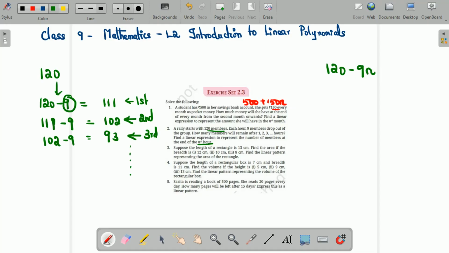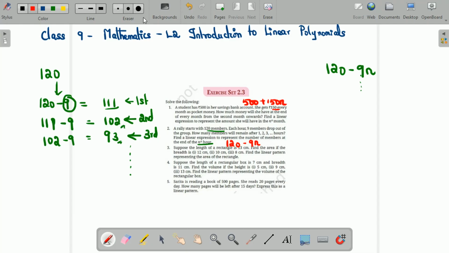When n is equal to 1, it is 120 minus 9, which is 111. When n is equal to 2, it is 9 into 2, that is 18, so 120 minus 18 is 102. When n is equal to 3, it is 27, so 120 minus 27 is 93, and so on. So the general expression for this is 120 minus 9n.